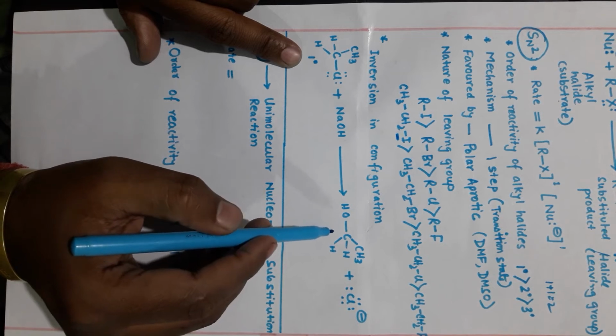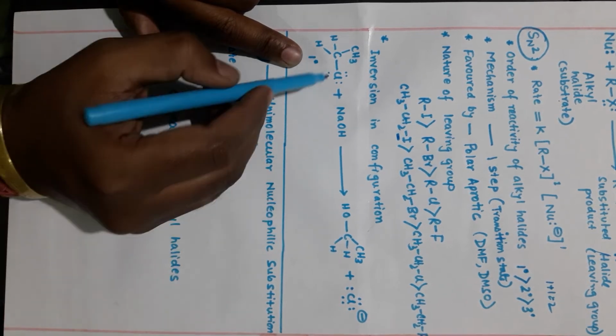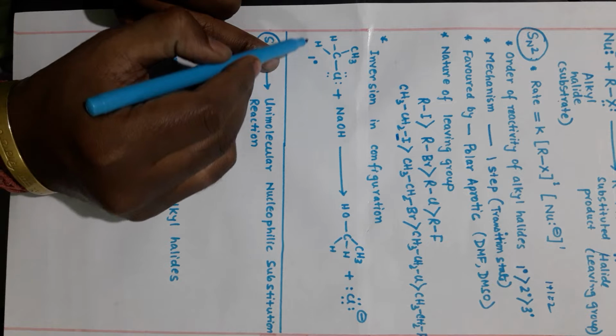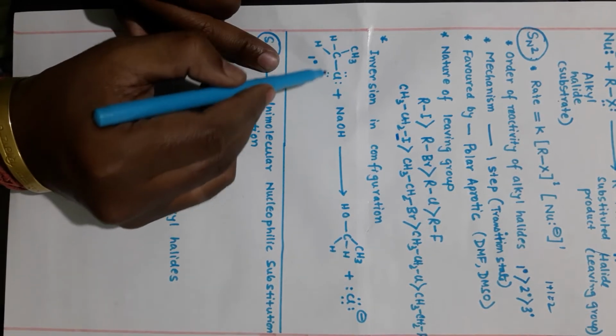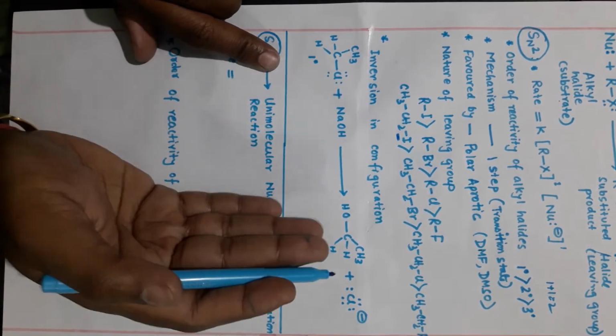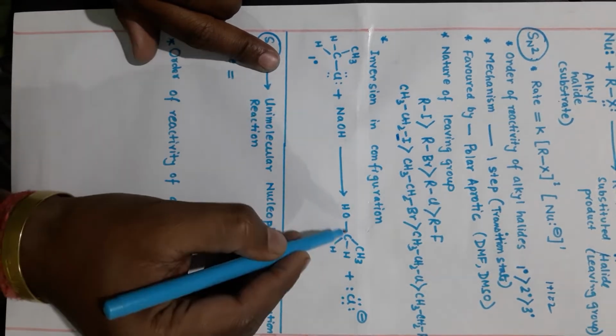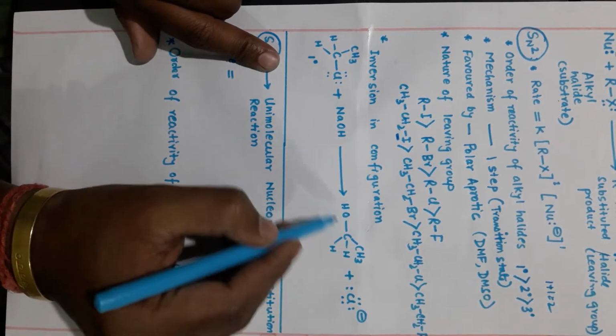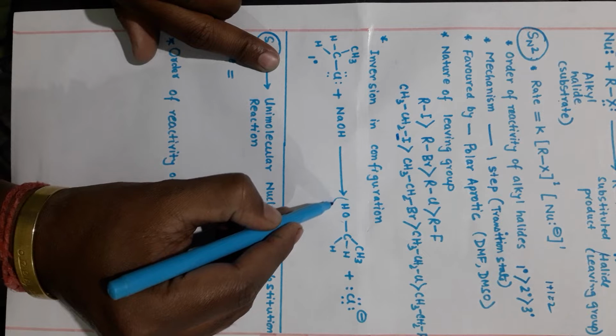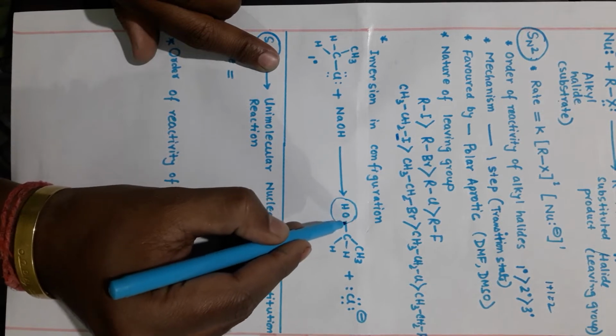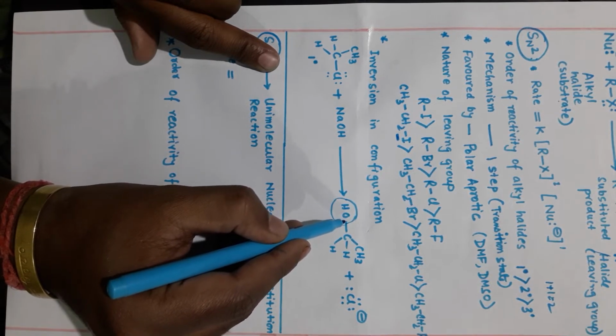Here we can see the configuration of the alkyl halide: the chloro group was facing the right hand side, while in the product, the nucleophile that is getting substituted, the hydroxy group, was the nucleophile.